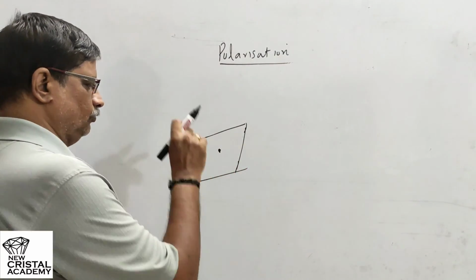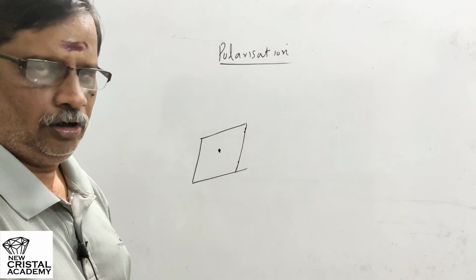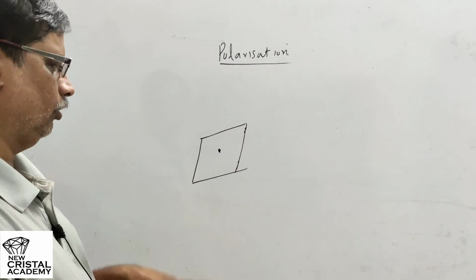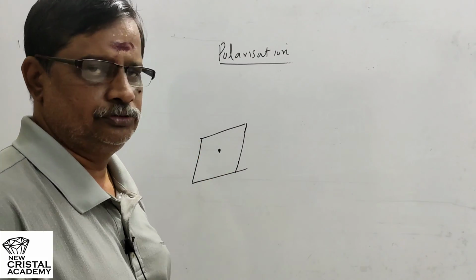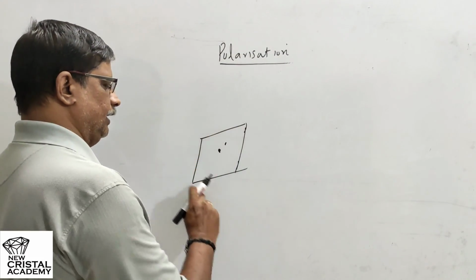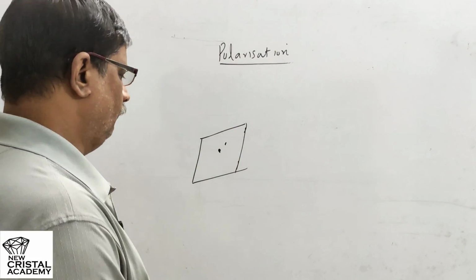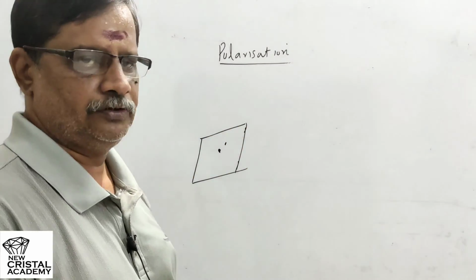If I look through this calcite crystal, I will see two images of the mark that I have made. I have made only one mark, but if I look through the calcite crystal, I will be able to see two marks. And further, if I start rotating this calcite crystal, one of the images will remain stationary and the other one begins to rotate around the first one.